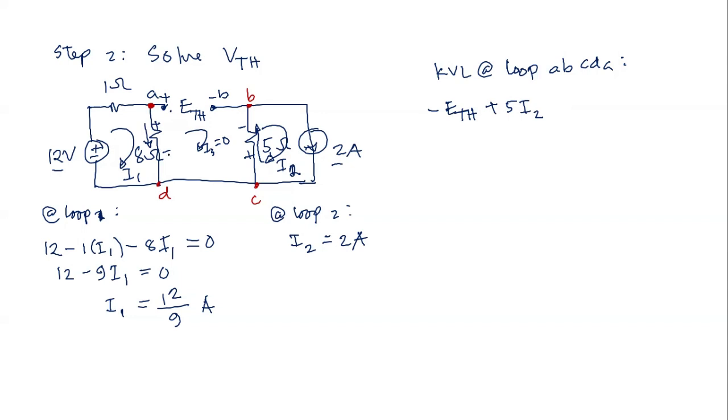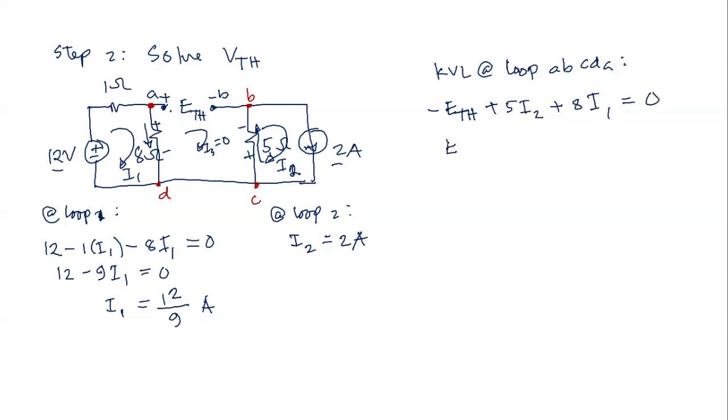I3 is 0. So when we write the voltage equation at loop 3 or A, B, C, D, A, what we see is only the voltage drop of 8 ohms due to I1. And we see here the plus 8 I1 equals 0.